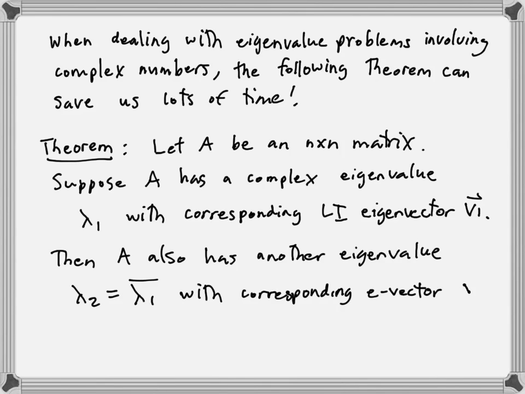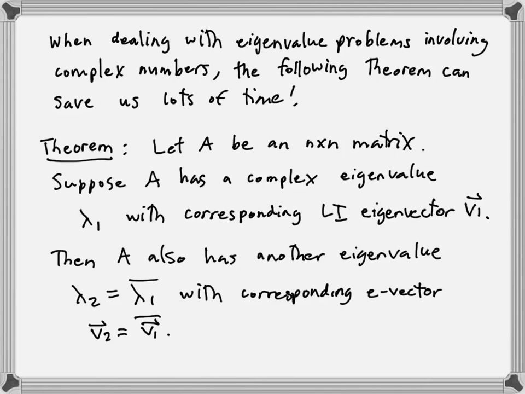Let's call it v2, which is actually going to be v1 bar. Super useful theorem, okay? It means that all the work you do to find one complex eigenvalue eigenvector pair, we can do that work. We could save having to do it again. We automatically have another pair that goes with it. Okay?